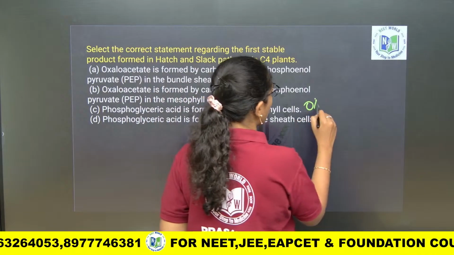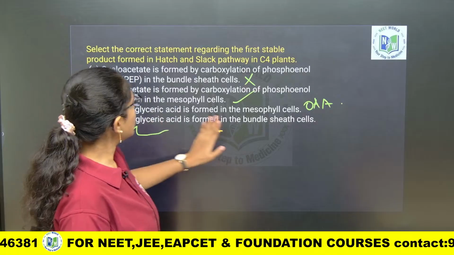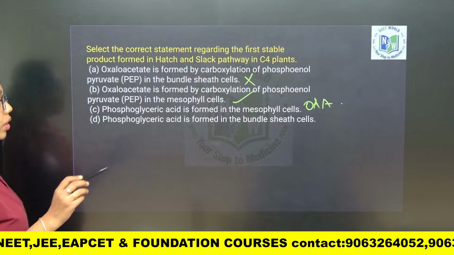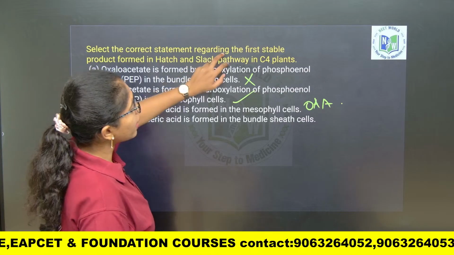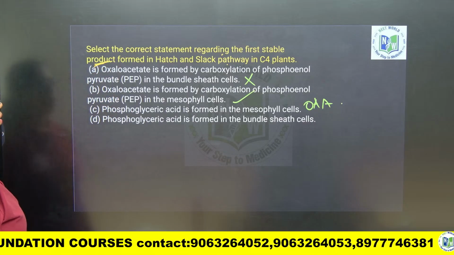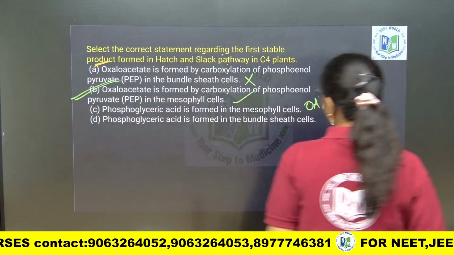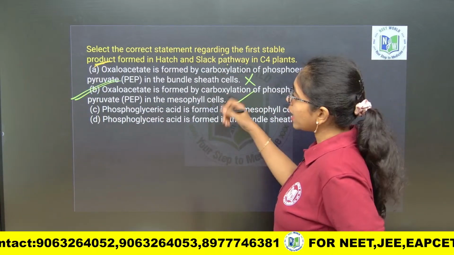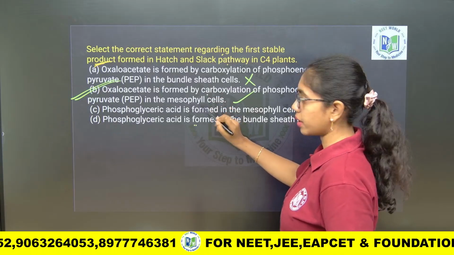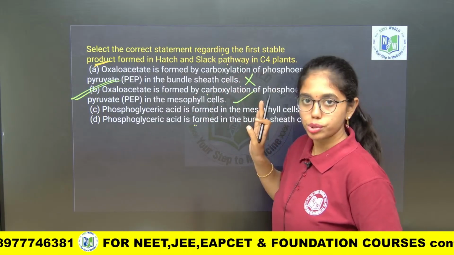Wrong. OAA is formed in mesophyll cells. Phosphoglyceric acid is formed in bundle sheath cells during the Calvin cycle. But the question asked about the first product, which is oxaloacetic acid. So we have to go with option B. Sometimes in statements, two statements will be correct only. Like here, D is correct, B is correct. But you have to choose the statement relevant to the question.